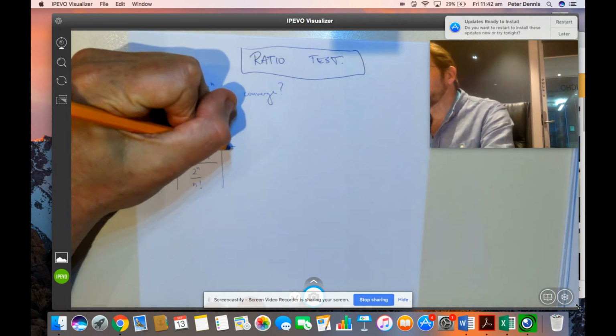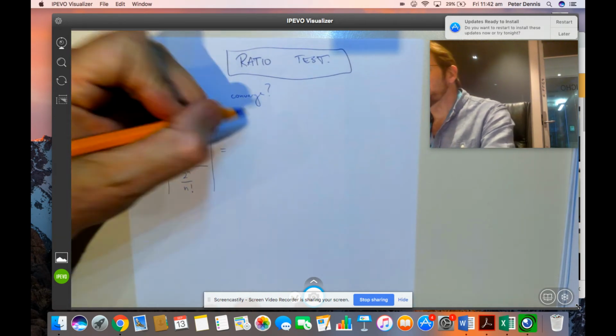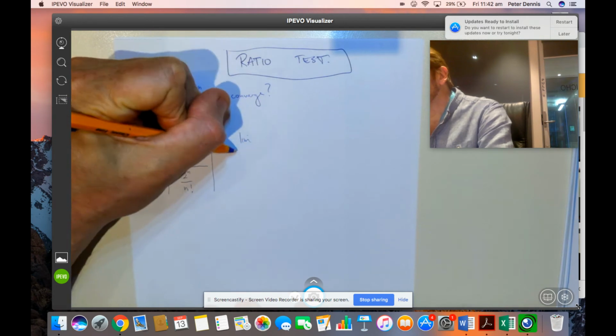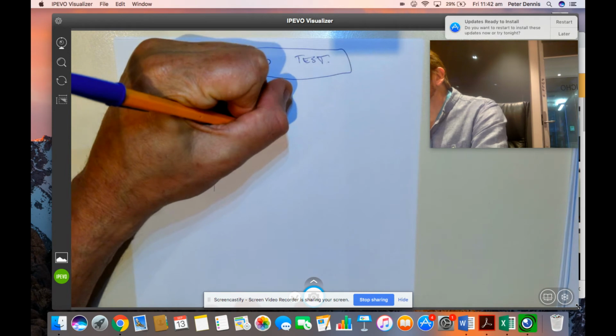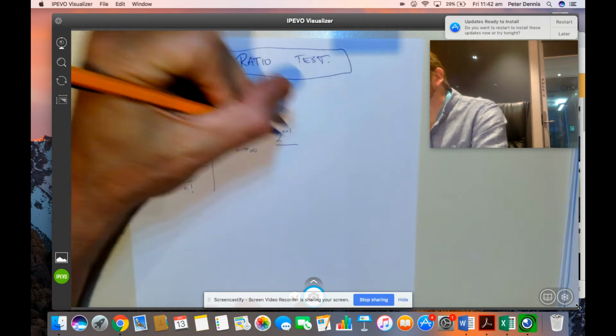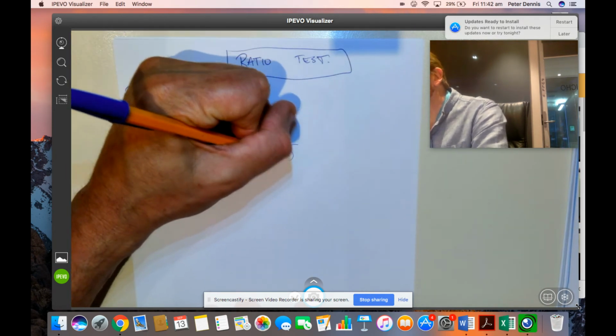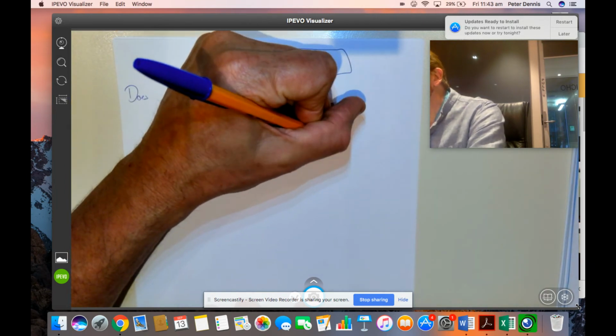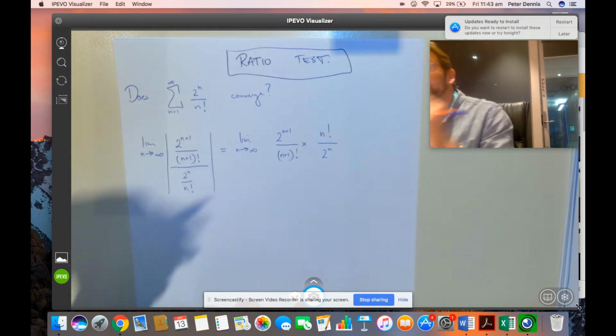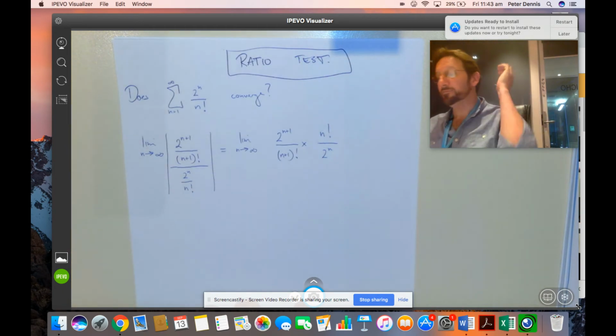So let's write that out a bit nicer. It's going to be the limit as n tends to infinity of 2 to the power of n plus 1 over n plus 1 factorial times n factorial over 2 to the power of n. So that's basically what we've got.